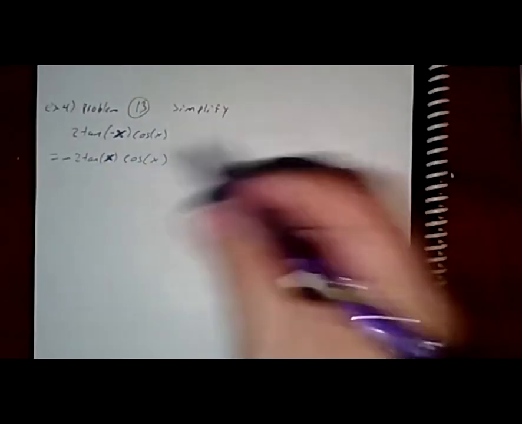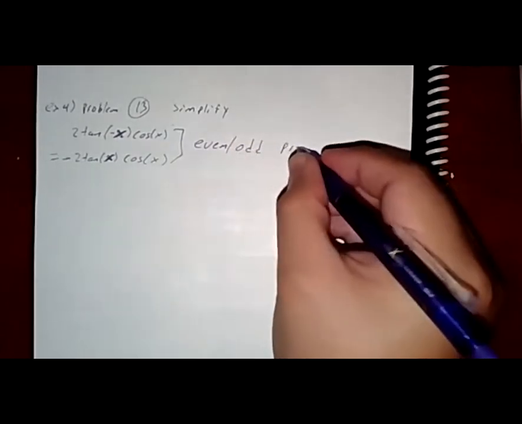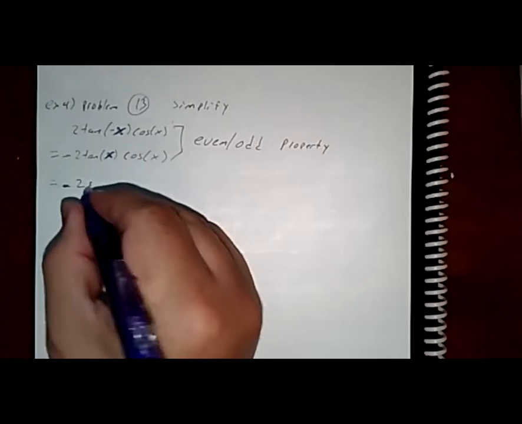So now, what property would you use to simplify this further? Right now, I used the even-odd property to begin with. Yeah, quotient. Whenever you see a tangent, most of the time, changing it into a quotient is a good idea. So that would be -2 sine over cosine, right?